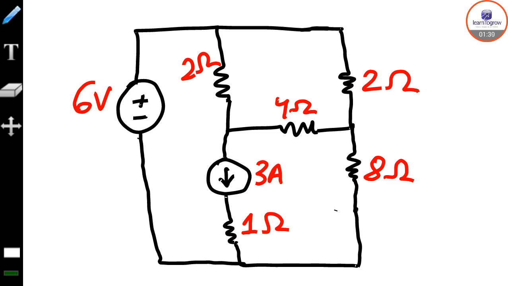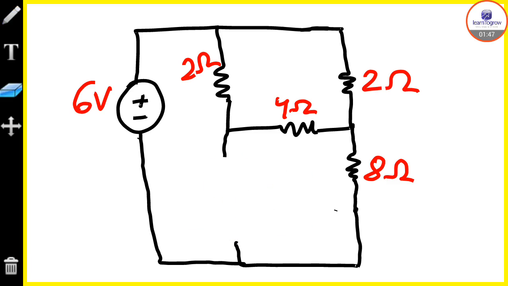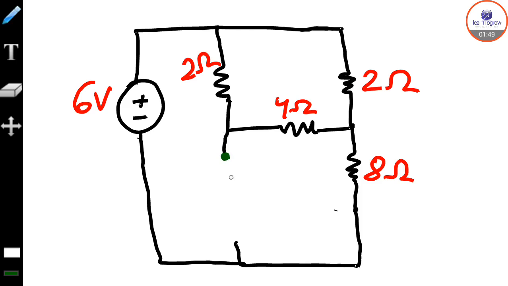But how will we open this source? We will simply open it like this. Now we have successfully opened this. This is how it will be opened. I'm putting it back.